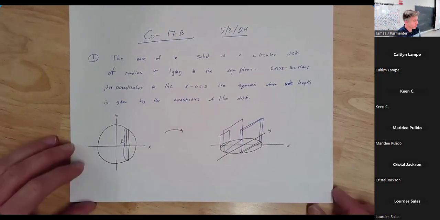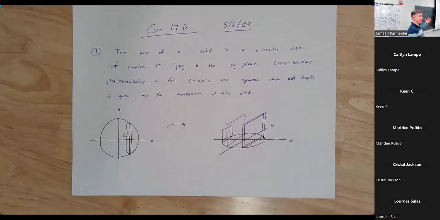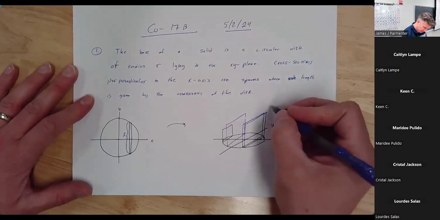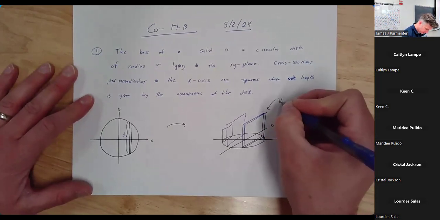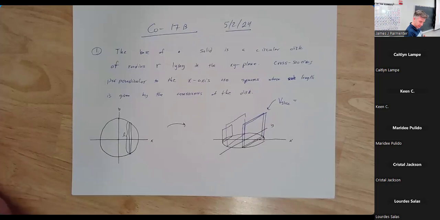So here's how I'm going to imagine doing this. Similar to the disk and washer method, we're going to imagine adding up all the volumes of our slices. So let's start with the volume of a slice. The volume of this slice is going to be the area of the slice.